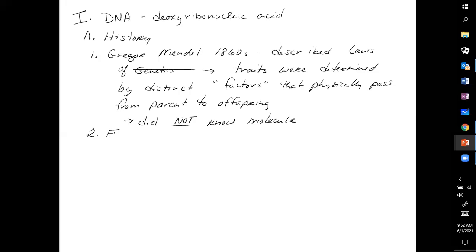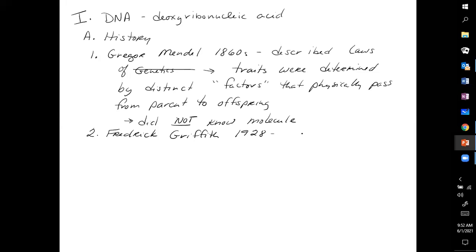So Gregor Mendel's work went pretty much unrecognized until the 1920s. And one of the seminal experiments that kind of brought this idea back to life was performed by Frederick Griffith in 1928. So what I'll do for each of these is kind of tell you the conclusion of the work, and then I'll show you just an overview of the experiments that led to those conclusions.